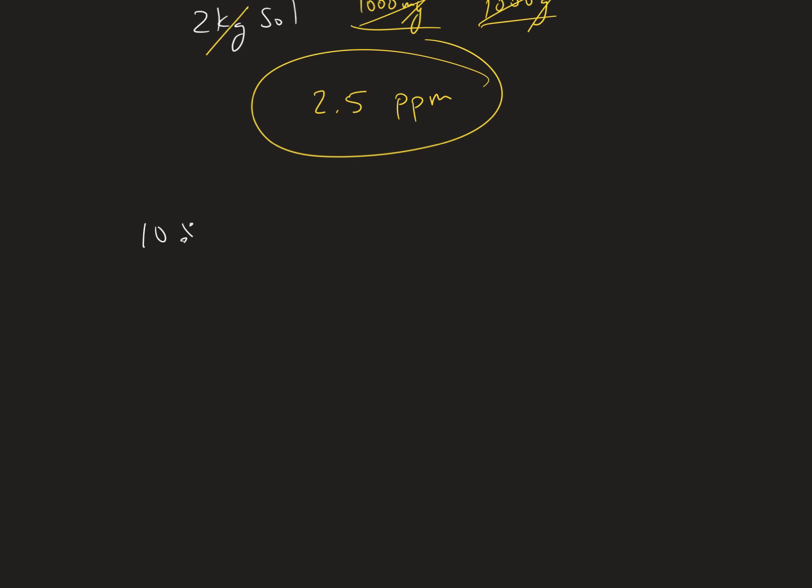10% by volume of C2H6O, and we have a density of 0.789 grams per milliliter. We want to know what it is in molarity. Okay. So we have the percentage here.